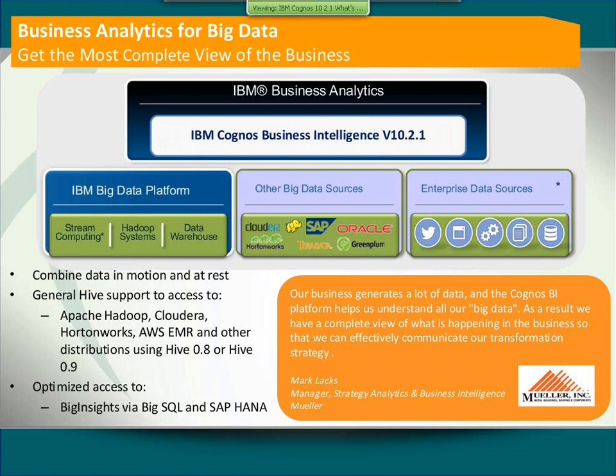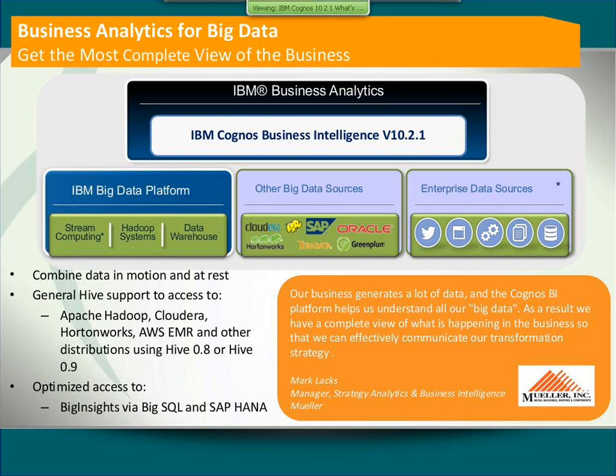So as you can see, we have a company there, Mueller, Inc. They're saying, in this case, they do generate a lot of data. They are now including the big data, and as a result, they have a much more complete picture. And part of the big data story is that you can use tools that allow you to use not only the structured data, but the non-structured data, and you can use Cognos as the presentation of that information.